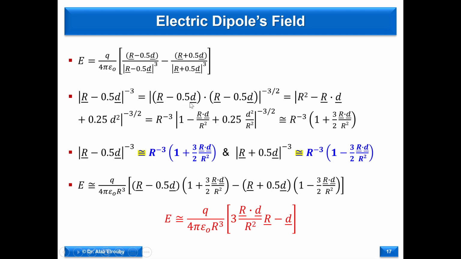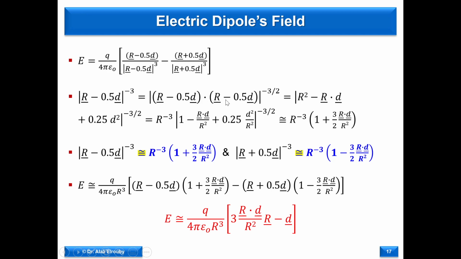Writing this down, it would be R squared, where R here is not a vector but the distance between the origin and the observation point, minus twice R dot 0.5 d, which becomes R dot d, and the last one is 0.25 d squared, all to the minus 3 over 2.